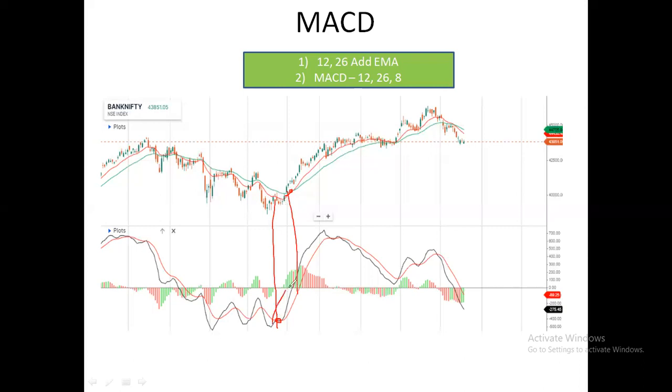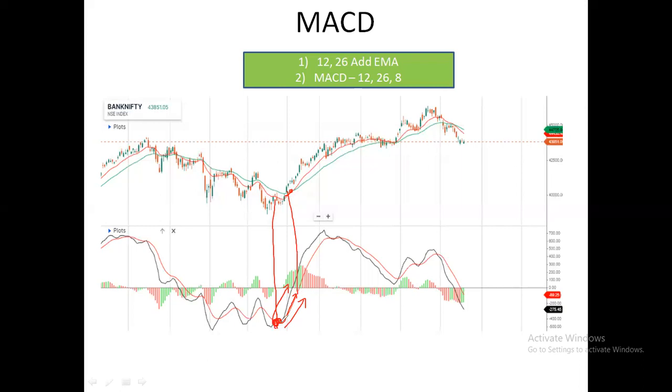So here it's a very clear indication that MACD is an advanced indicator compared to the exponential moving averages or other moving averages. It is giving an early indication that the market might take an upward direction. This moving average crossover has happened towards the upward direction.